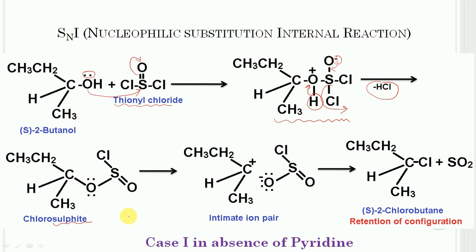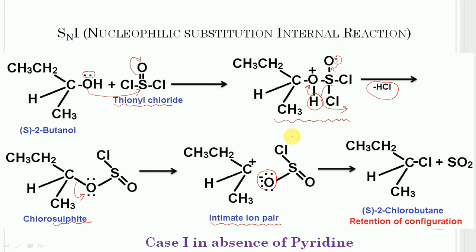Now in the next step, this bond can break. This electron pair will shift toward the more electronegative oxygen. Now this oxygen will acquire a negative charge, and the carbon will acquire a positive charge, and it is called an intimate ion pair.